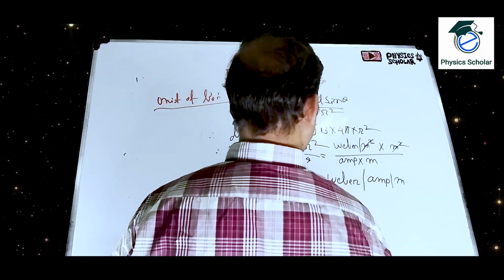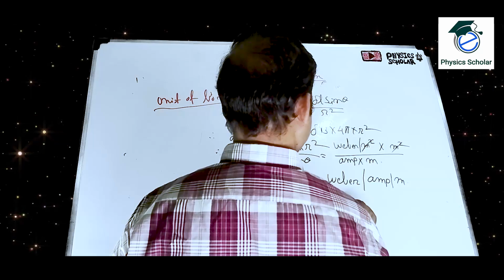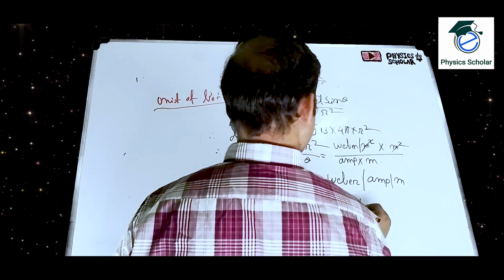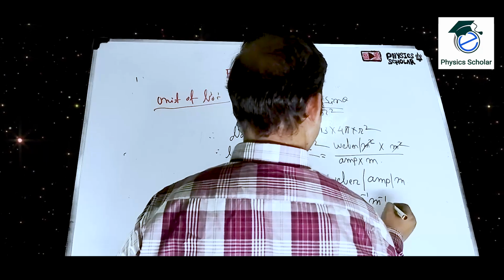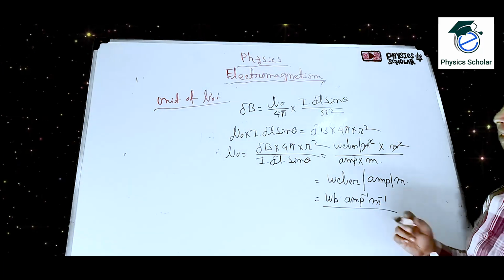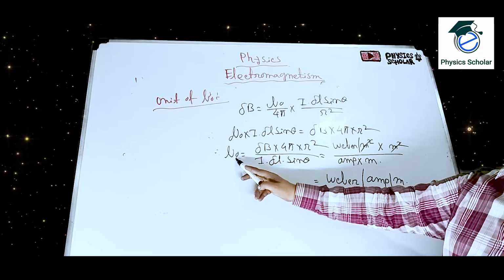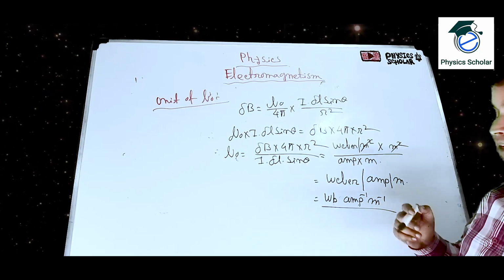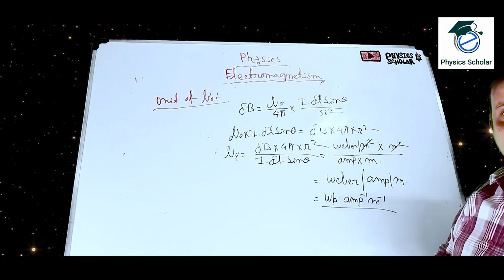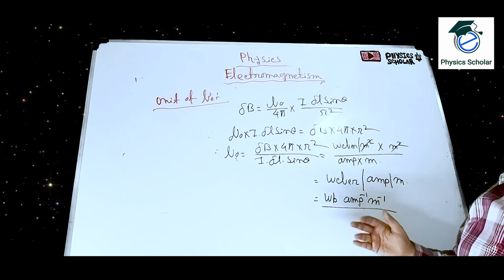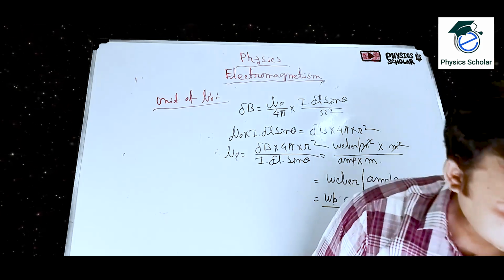That means we can write Weber ampere to the power minus 1 meter to the power minus 1. So this is the unit of the permeability of free space, Weber per ampere per meter. Clear to all of you? Now hope you have understood up to this. So now move to the next topic.